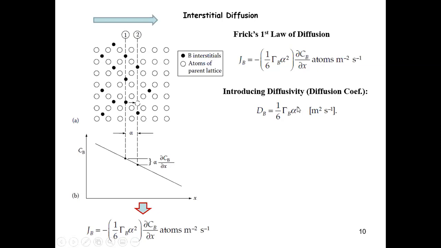So this has the unit of meter squared per unit time, because the hopping rate has the unit of per unit time. That's the diffusivity. Now if we introduce this constant, the flux has a very familiar expression, right? The flux is proportional to minus of diffusivity times the concentration gradient. We call this Fick's first law of diffusion.